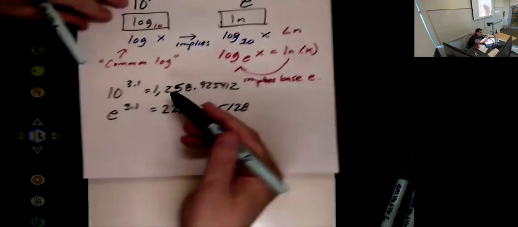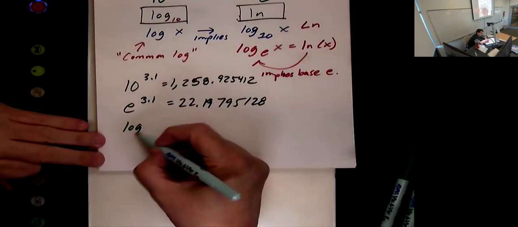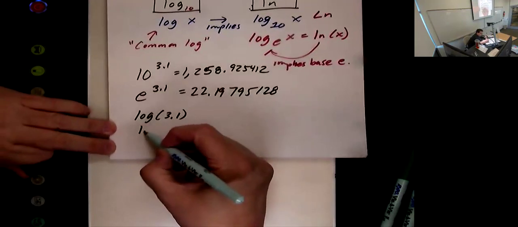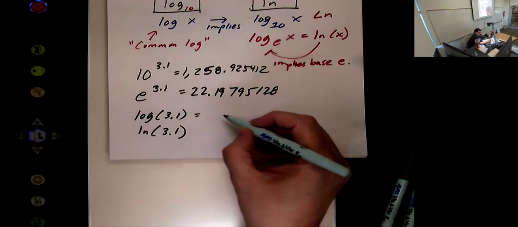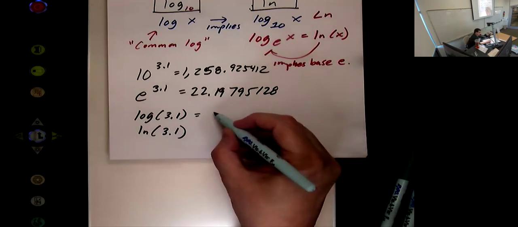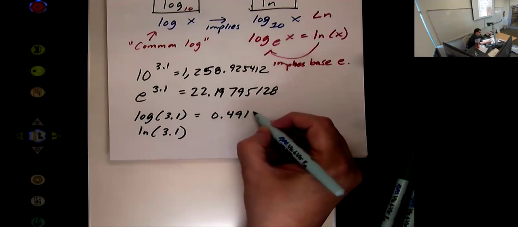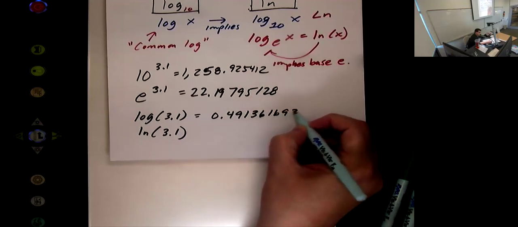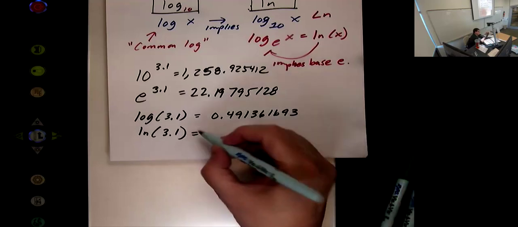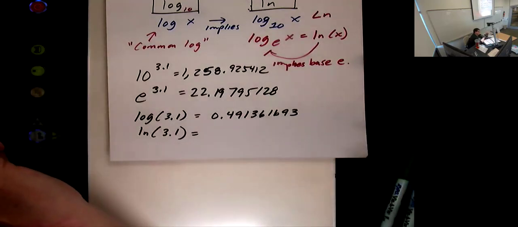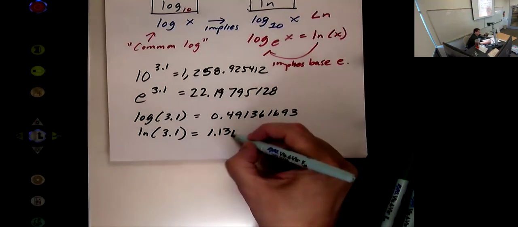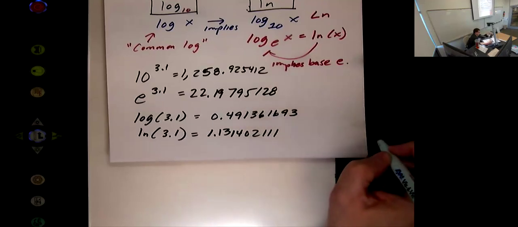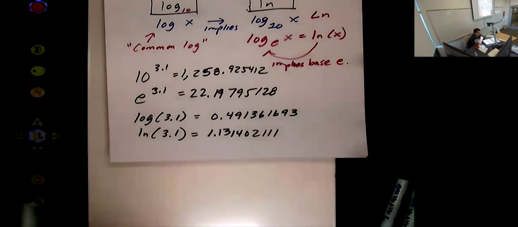What about log of 3.1 and ln of 3.1? So then I got 0.491362, and 1.131402. If you got those four answers, you know how to use the calculator.